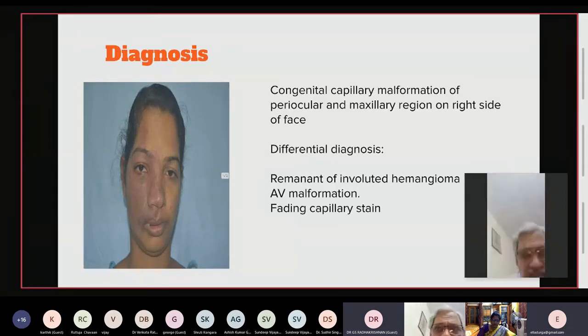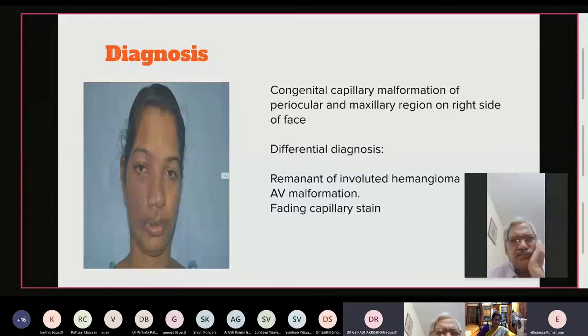Pulsed dye laser is the standard choice for this capillary malformation, sir, with 595 wavelength. We can give it at 6 weeks apart, until the lesion shows improvement. If even with the next settings the lesion does not show improvement, that is the endpoint for the laser treatment, sir.